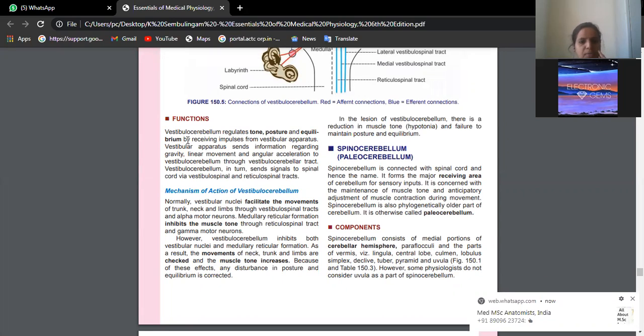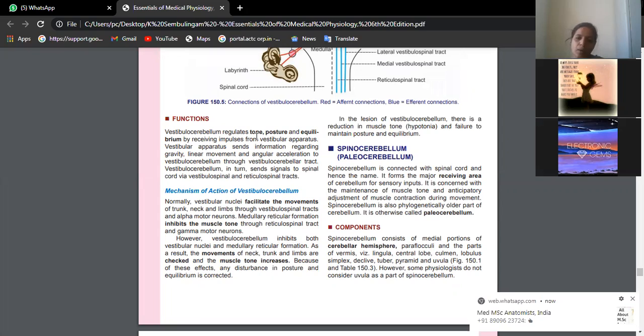When you talk about the vestibulocerebellum, we know it is primitive in development, controlling tone, posture, and equilibrium. It sends information regarding gravity, linear movement, and angular acceleration through the vestibulocerebellar tract.